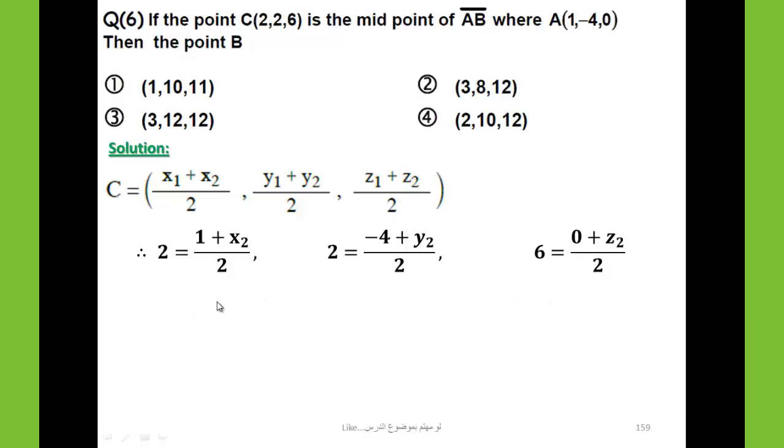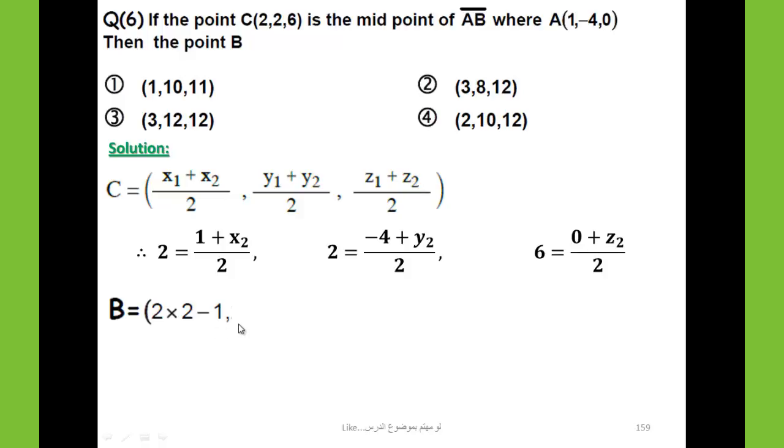And from here, using cross multiplication, we get B. This is the second point, because the second point is (x2, y2, z2).